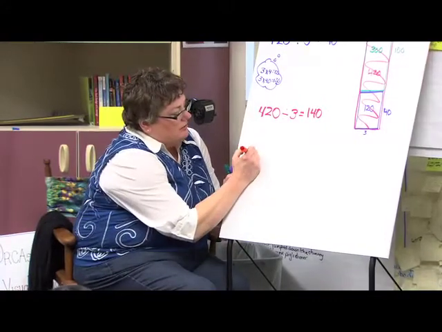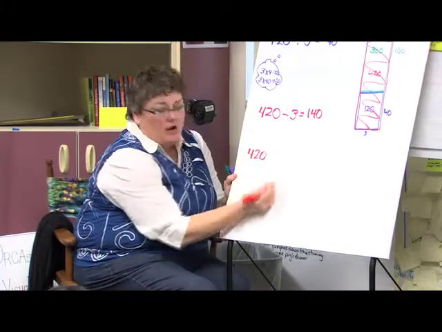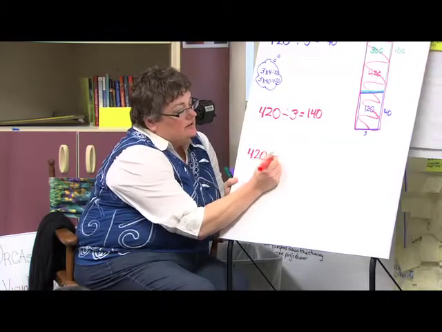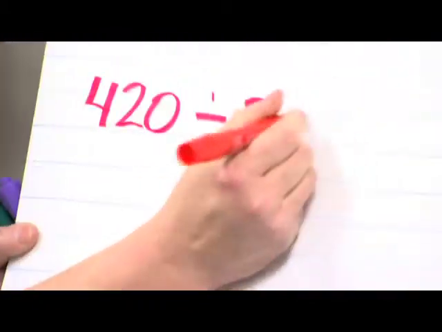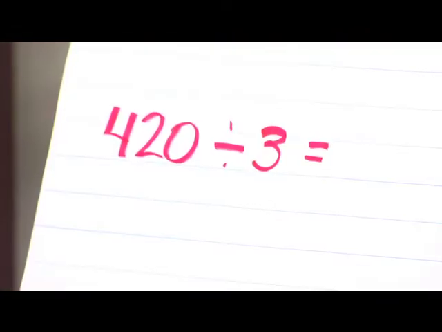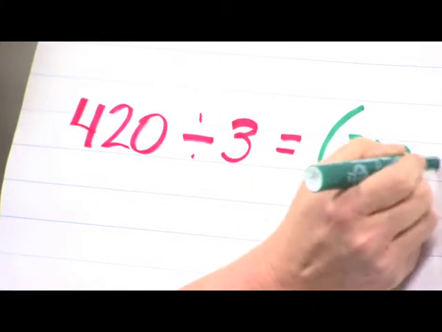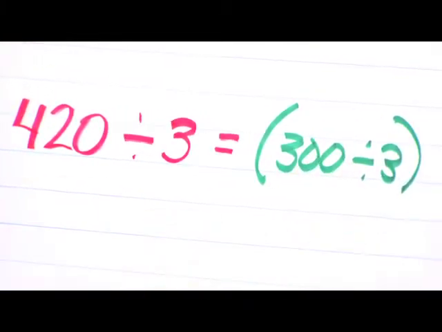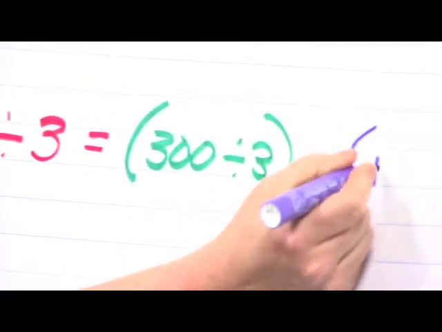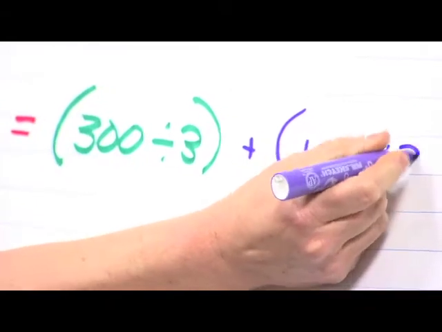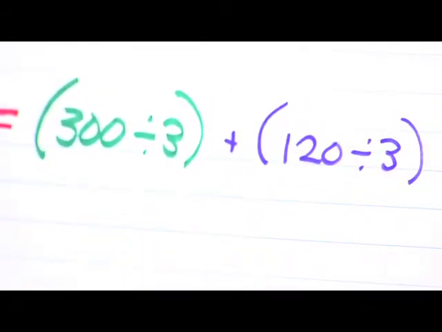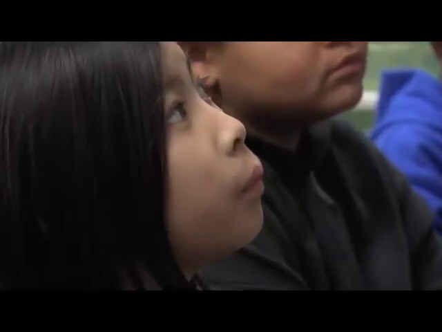So 420 objects divided into 3 groups is the same as, you gotta do this in the right colors, 300 objects divided into 3 groups plus 120 objects divided into 3 groups. True? False?